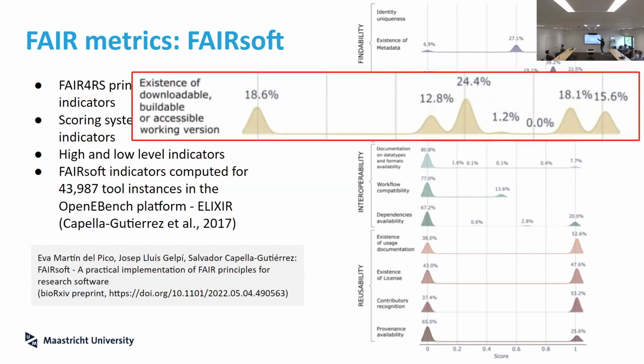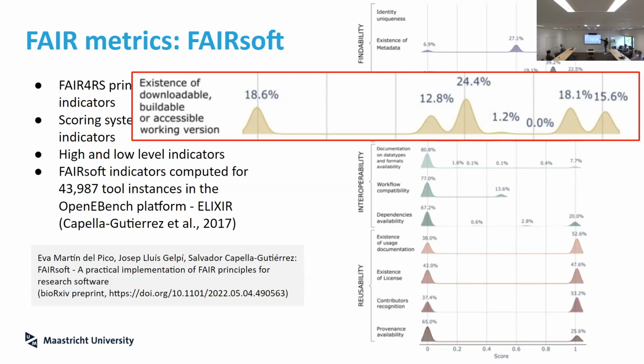they also screened and they tested the FAIRsoft with all open instances from Open eBench platform from Elixir. More than 43,000 tools were tested that are in that registry. And you would get things like, for example, is it an existence of a downloadable and buildable working environment?